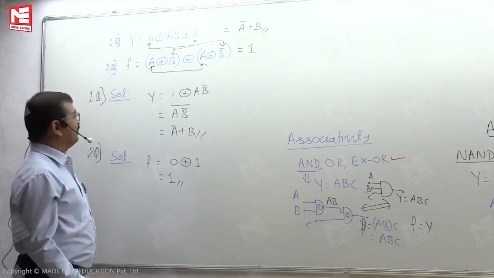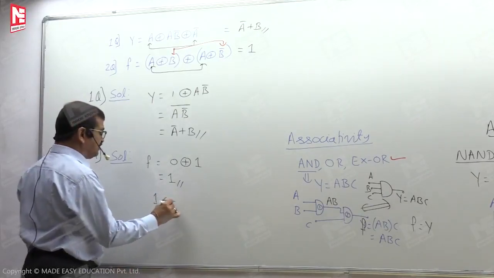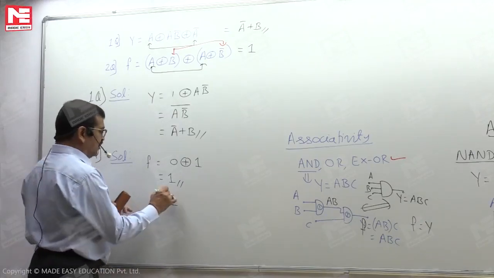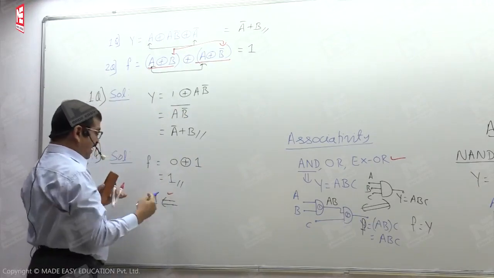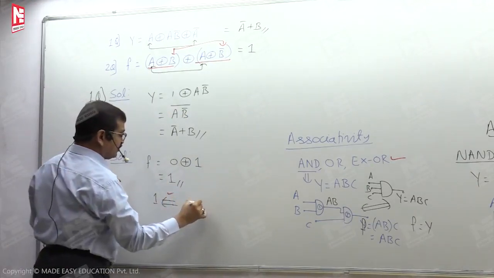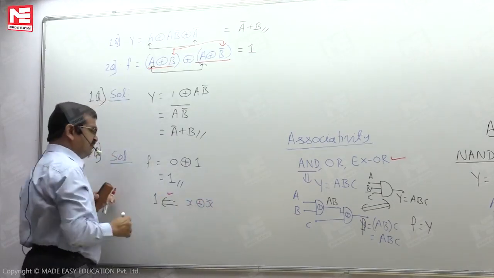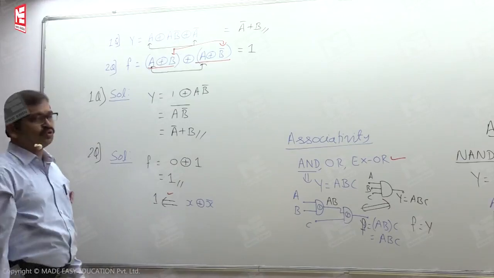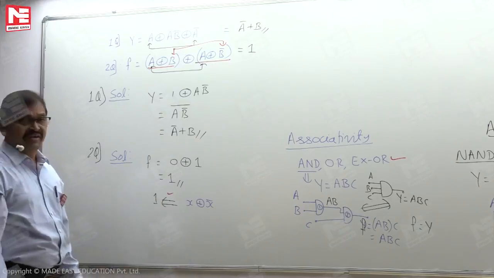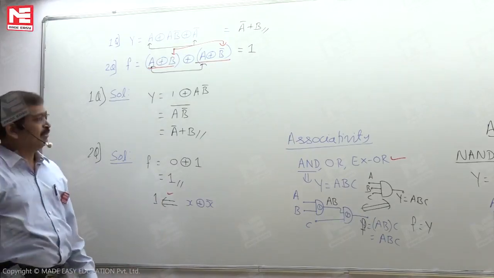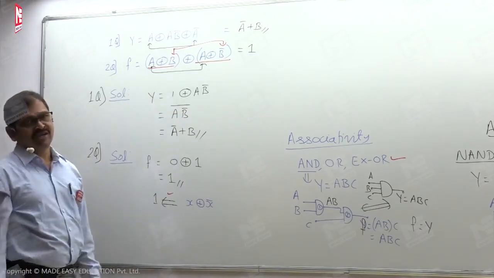The answer 1 is possible to be true if and only if among these two terms we have a relation of the form X exclusive OR X complement. So let us verify whether such a relation exists among these two terms or not.